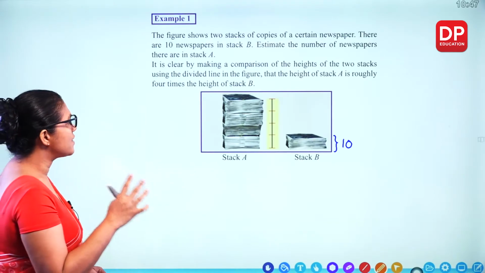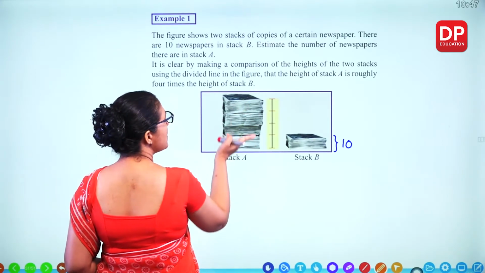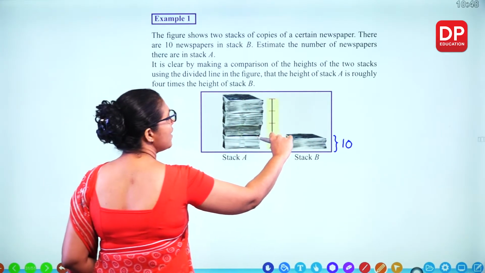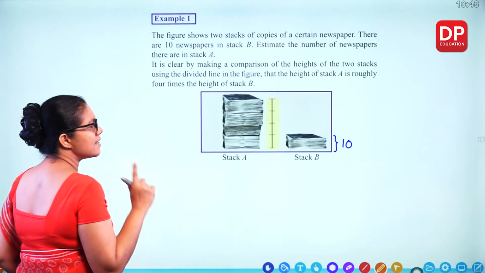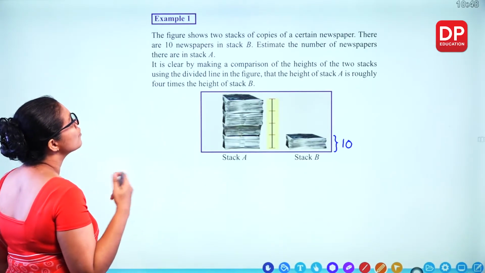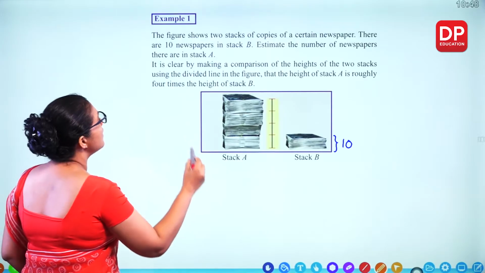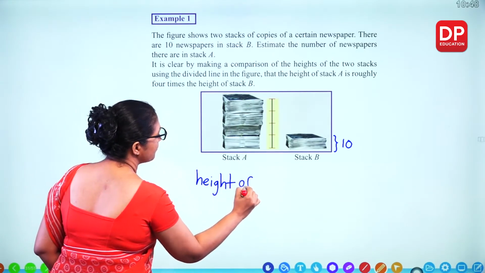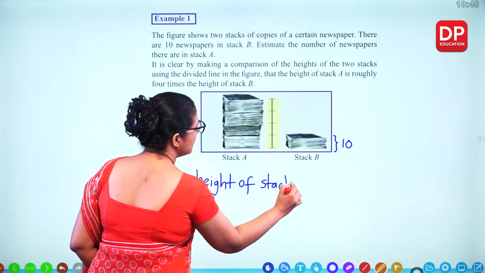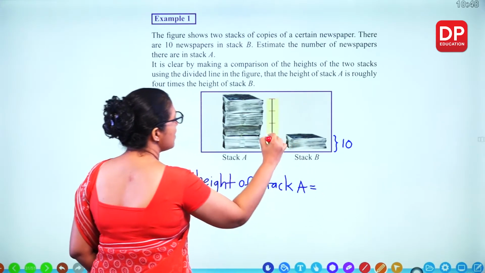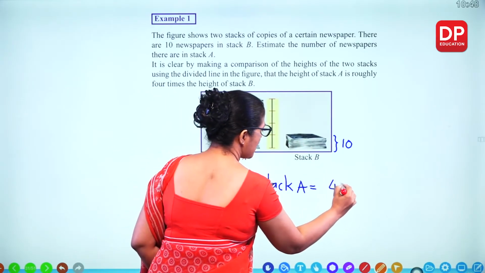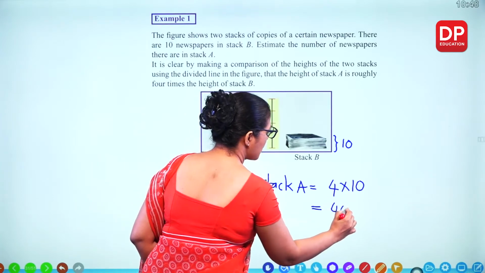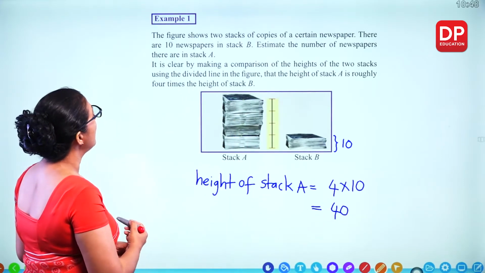So how can we estimate the number of newspapers in stack A? One height is 10 papers. So you can clearly say the height of stack A is 4 times the height of stack B. That's 40 newspapers.